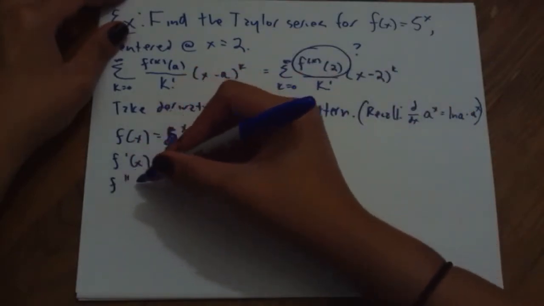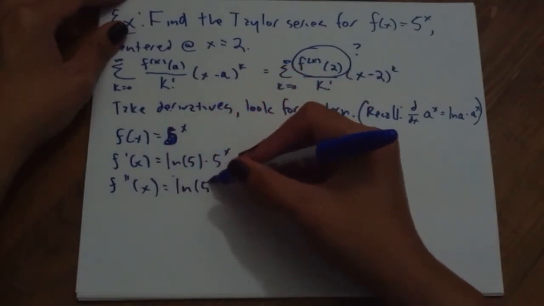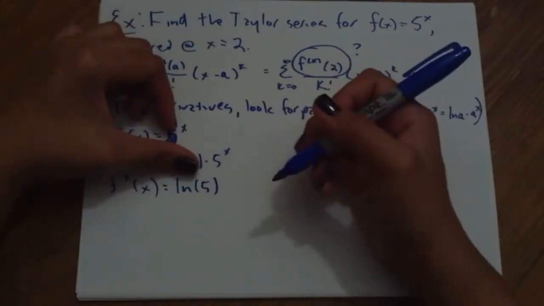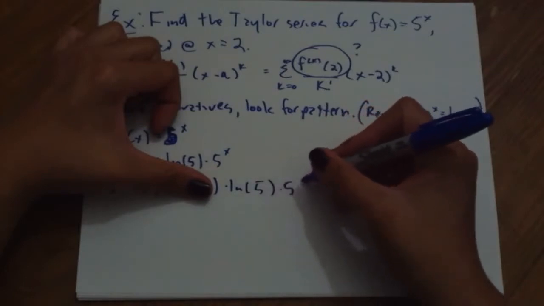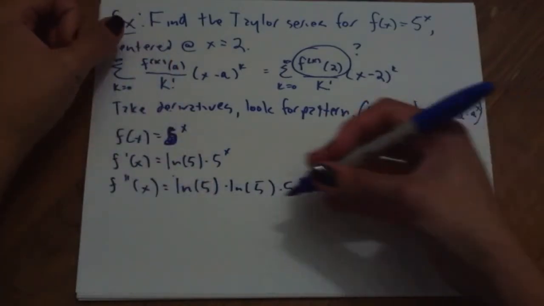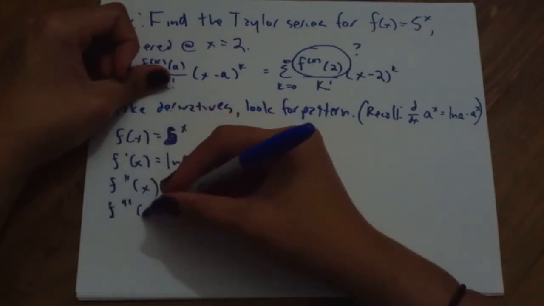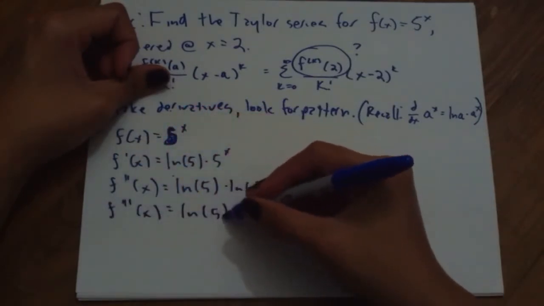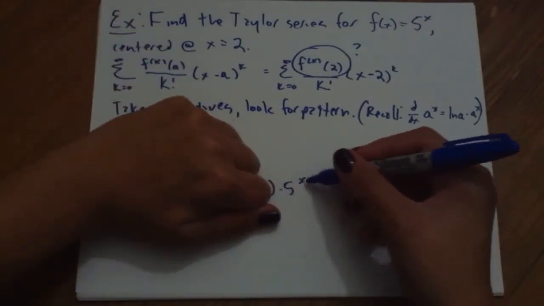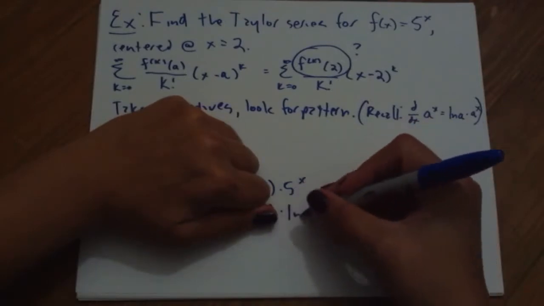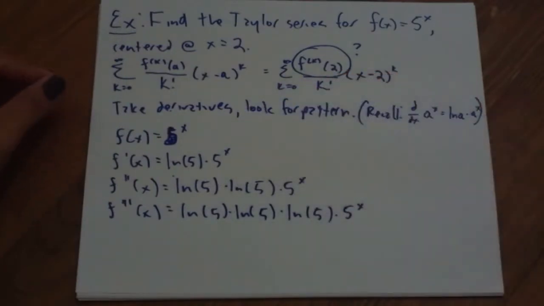So f double prime is: I hang on to this, and then I multiply by the derivative of 5 to the x, which is natural log of 5 times 5 to the x. And we have to do the same thing again next time. For my third derivative, I hang on to my constant coefficient, and then multiply by the derivative of my remaining function, which is natural log of 5 times 5 to the x.